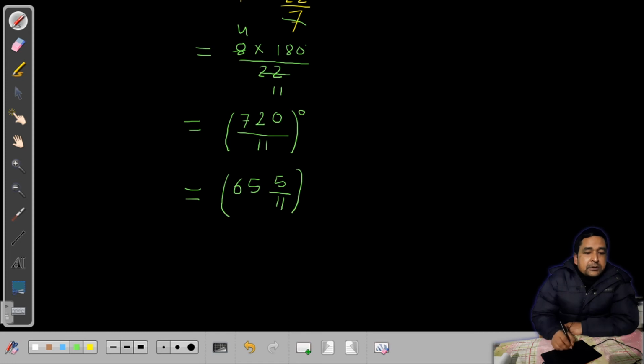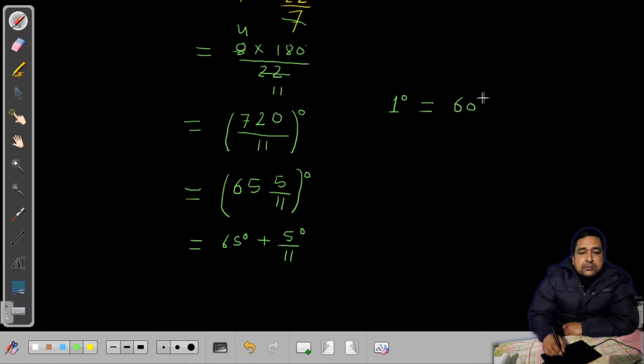Now separate this mixed fraction into whole number plus fraction: 65 degree plus 5 upon 11 degree.